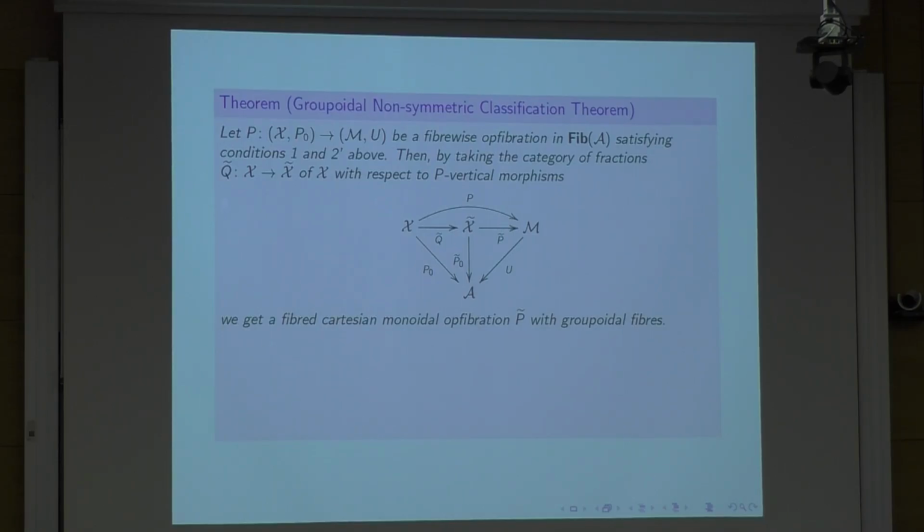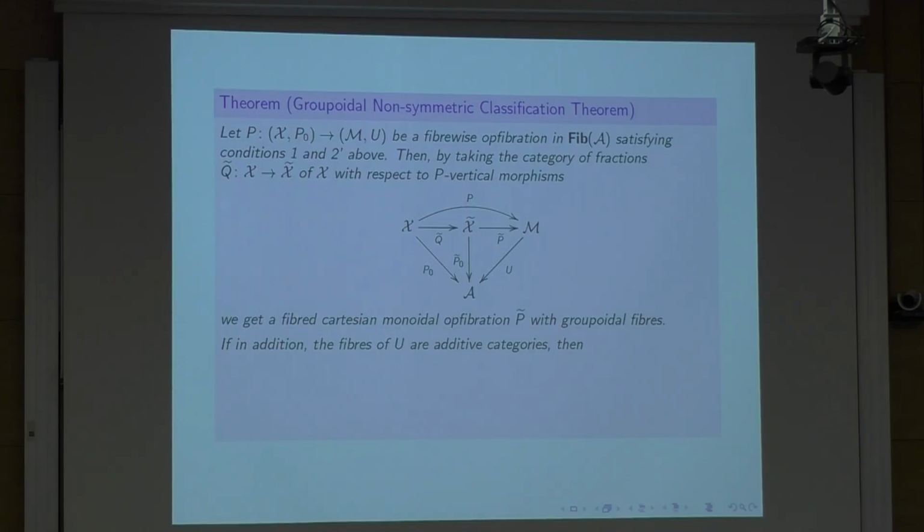So, the fact that we can obtain a P tilde with groupoidal fibers makes it, in some sense, easier to prove that this is a fiber Cartesian monoidal opfibration, which is what we need in order to perform this.